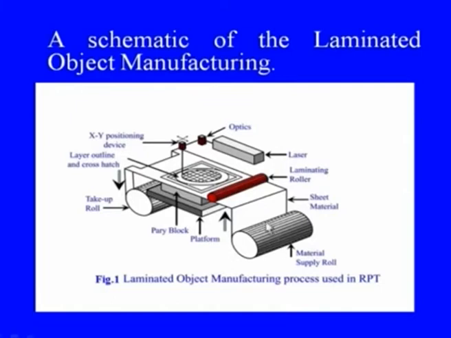So, this is the material supply roll, that is the sheet, and this is coming through this, which will be wound here as the take up roll, and this is the roller, also called laminating roller, which will be responsible for rolling the material over here.